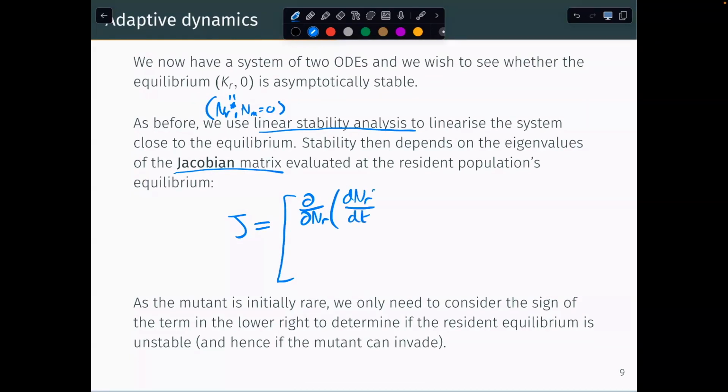So in the first row we'll have the partial derivative of dNR/dt with respect to NR, and the partial derivative with respect to our mutant of dNR/dt. And on the second row, instead of dNR/dt, we'll have dNM/dt, the growth rate of our mutant population.